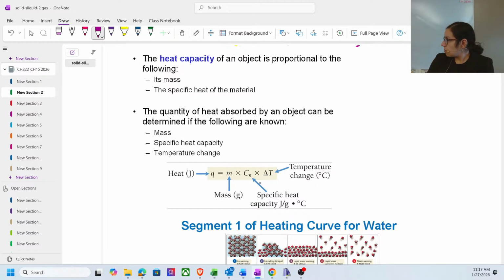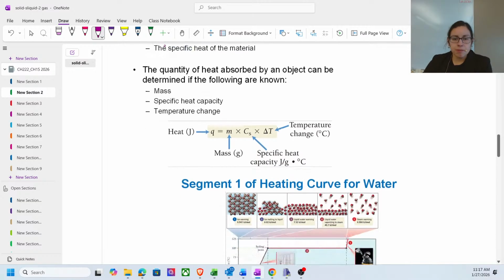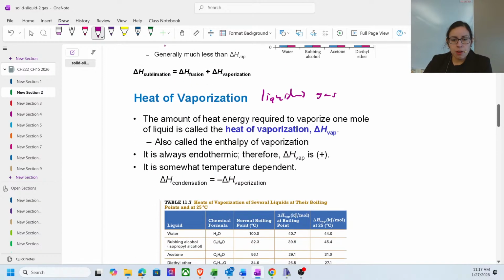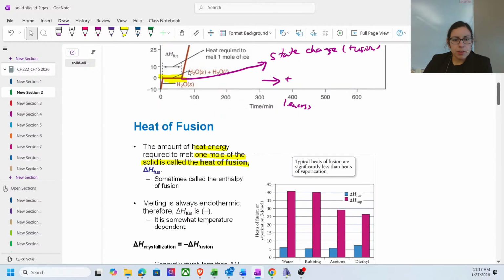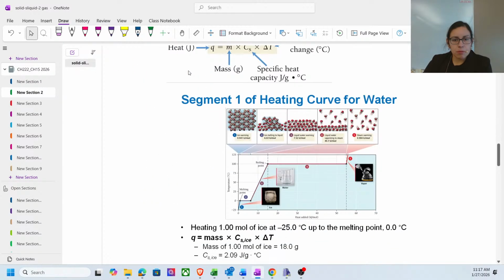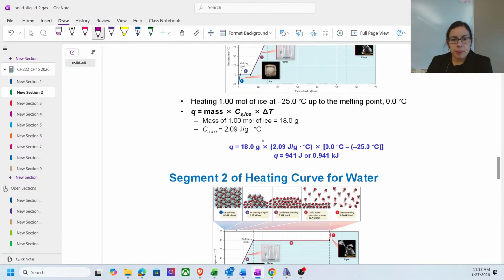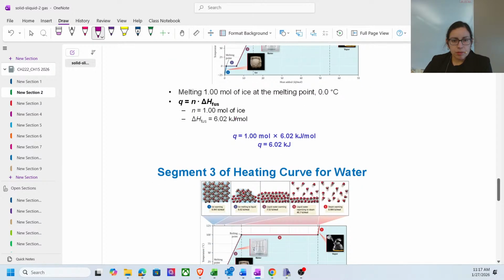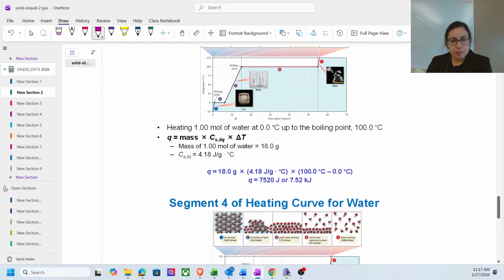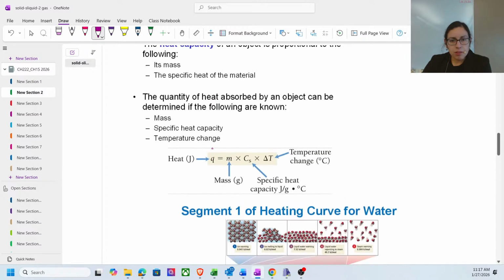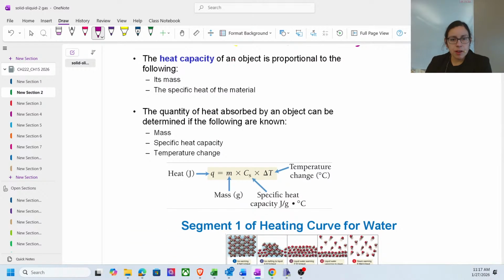Again, you just have to look that up for every substance. Here we're focusing on water. I'm trying to find where the specific heat is in our notes. It's further down. So this is the specific heat of water. The other thing I'll note is that it depends on state of matter.